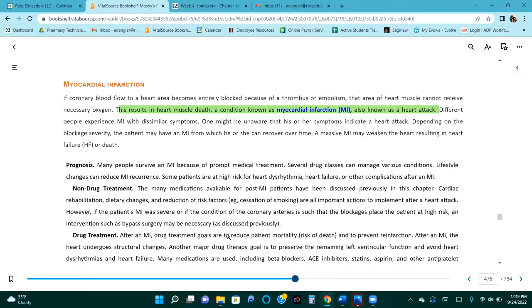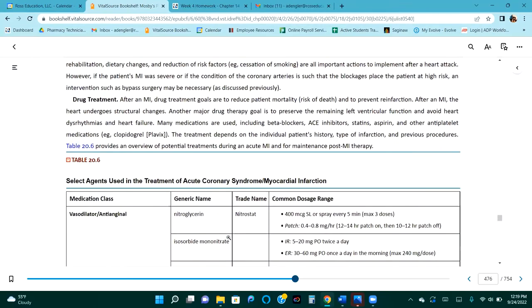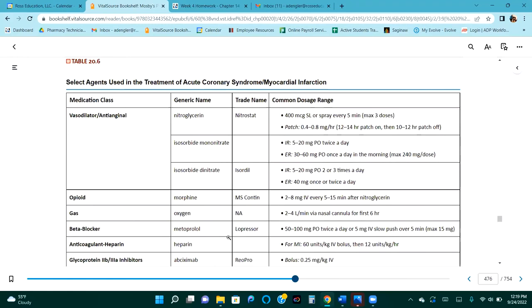If coronary blood flow to a heart area becomes entirely blocked because of a thrombus or embolism, that area of the heart muscle cannot receive necessary oxygen. This results in heart muscle death, a condition known as myocardial infarction, also known as a heart attack. Select agents used in the treatment of acute coronary syndrome and myocardial infarction are in table 20.6.